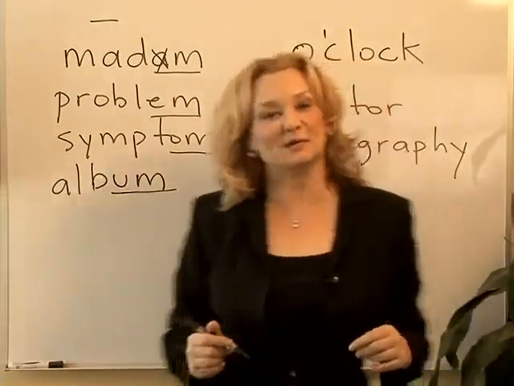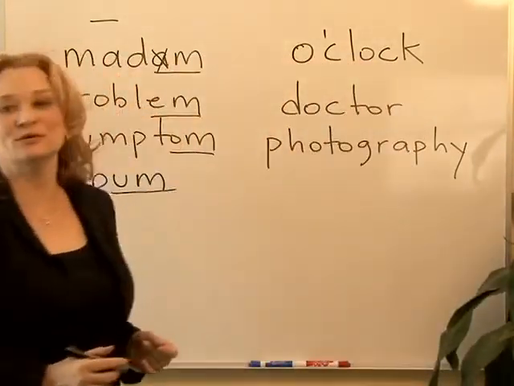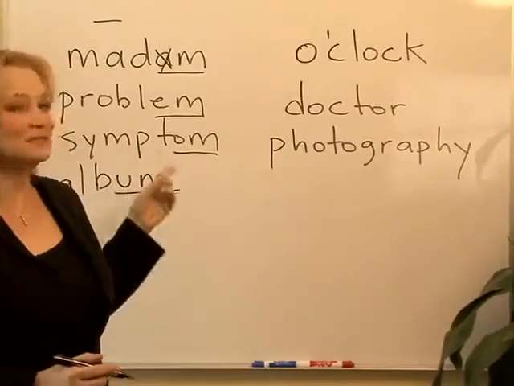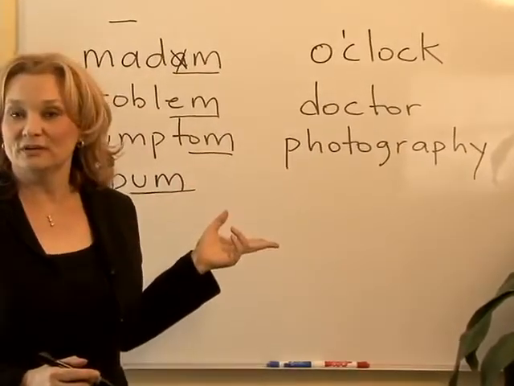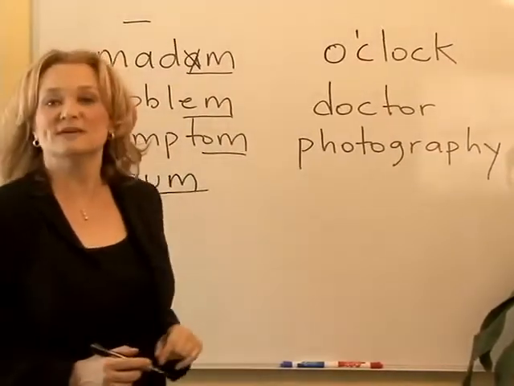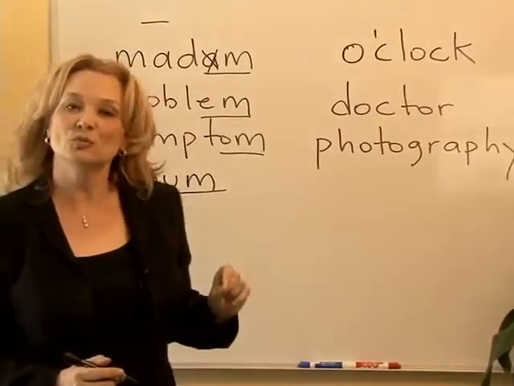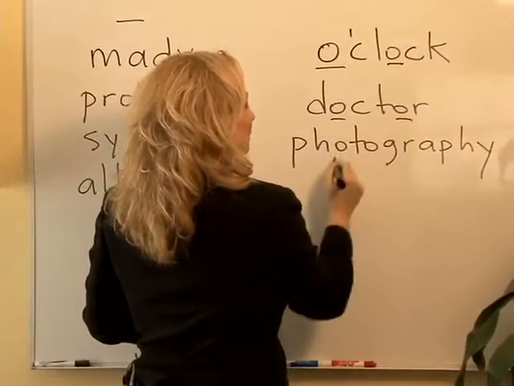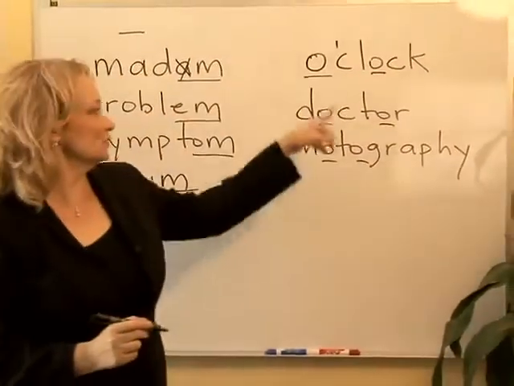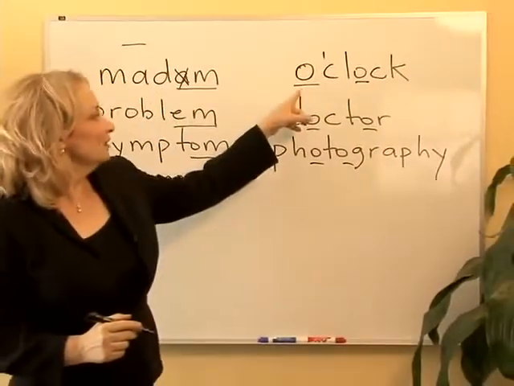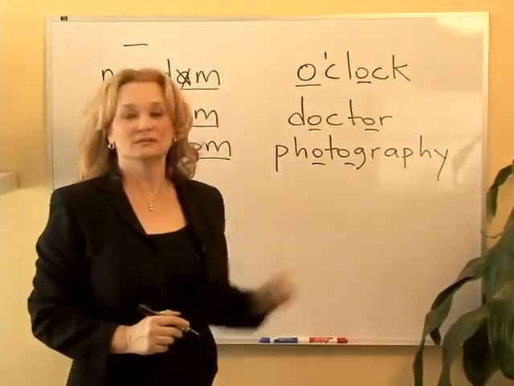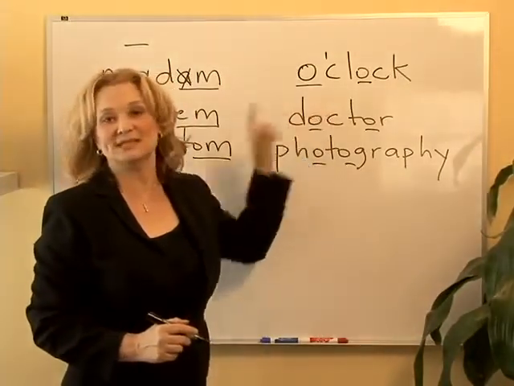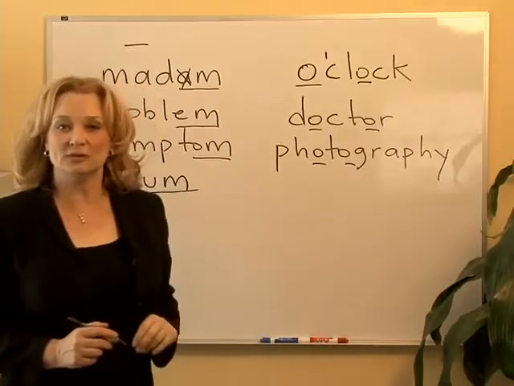Let's look at another example. Look at these three words, o'clock, doctor, and photography. These three words have something in common. Each word has two O's. There are 6 O's here. Look at the first word. This syllable is reduced in this case. The first syllable is reduced.